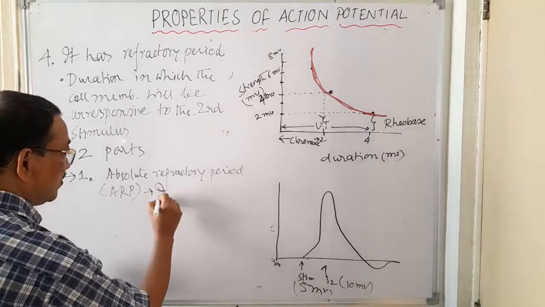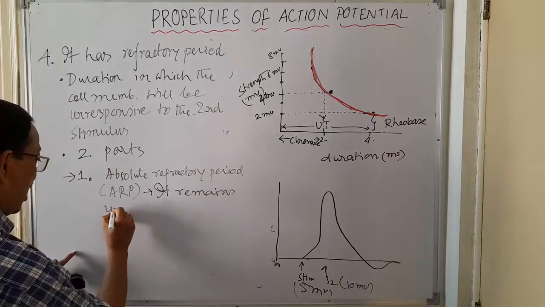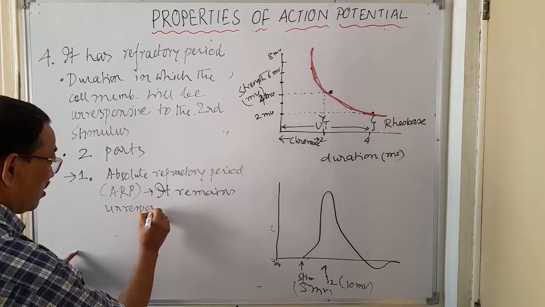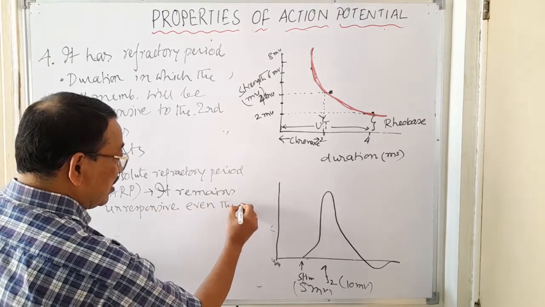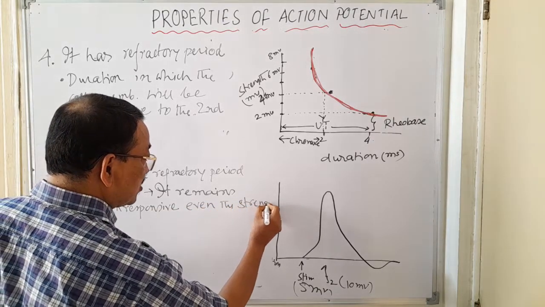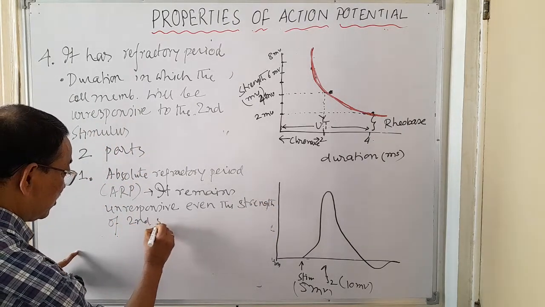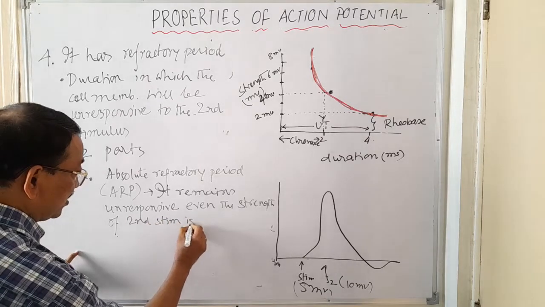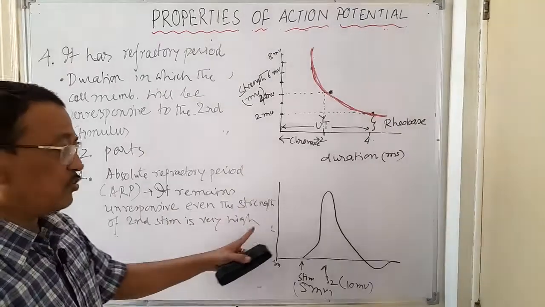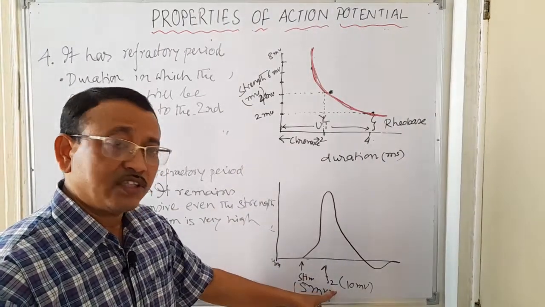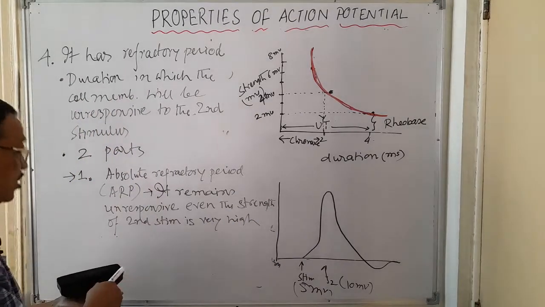It remains unresponsive even though the strength of the second stimulus is very high. That period is known as the absolute refractory period.